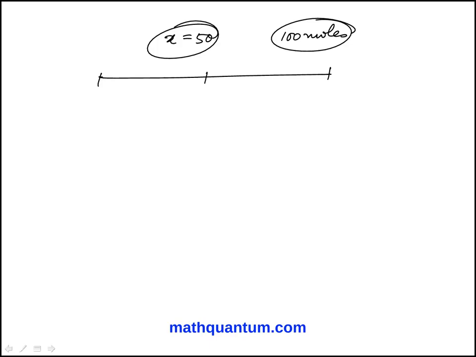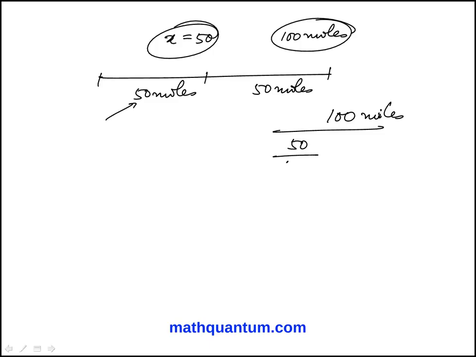Well, I guess let's just pick that. 50 miles here, 50 miles here. And then the total distance is 100 miles, and I need to find the time for each leg. So the time here would be 50 over 40, and here, distance is still 50, so 50 over 60.